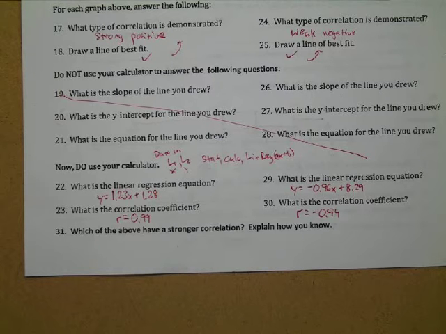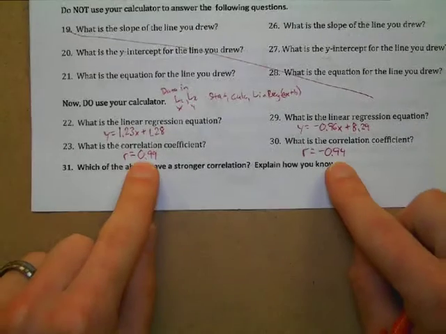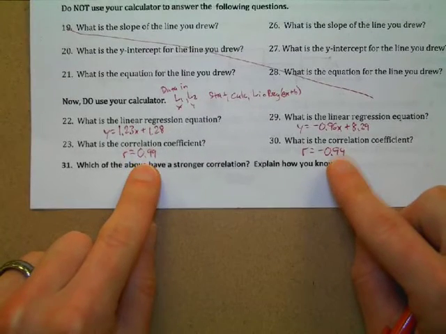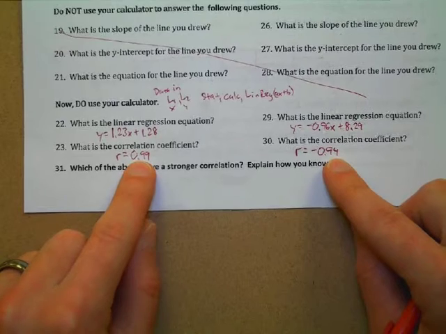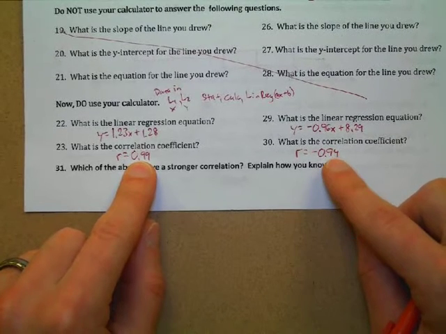Strong, yeah, closest to 1. So the stronger you are, the closer you're going to be to 1, or if it's negative, the closer you'll be to -1. Okay? So which one of these is the stronger correlation?